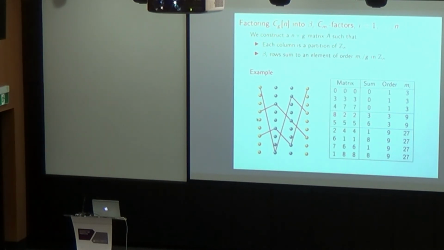And that gives me then a cycle of length 9. And again, I can develop vertically to give me a C9 factor. Finally, 2, 4, 4, the sum is 1 mod 9. So this is actually in itself going to give me a Hamilton factor in C3[9].